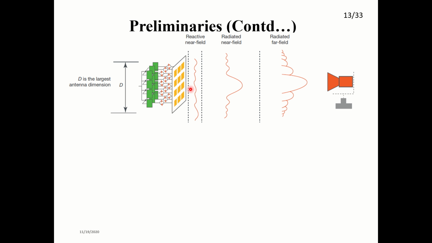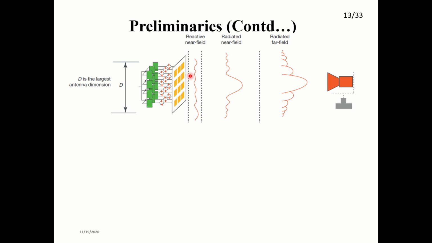In the reactive near field, the variation will be 1 by r cube. When distance is increasing, even a small amount, 1 meter, will make a lot of difference. For example, in this region of 5 meter you will have a lot of variation.